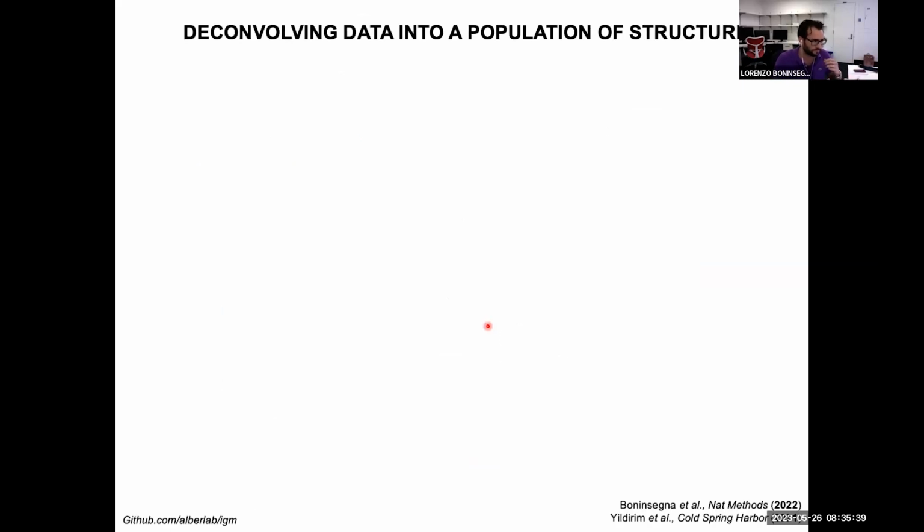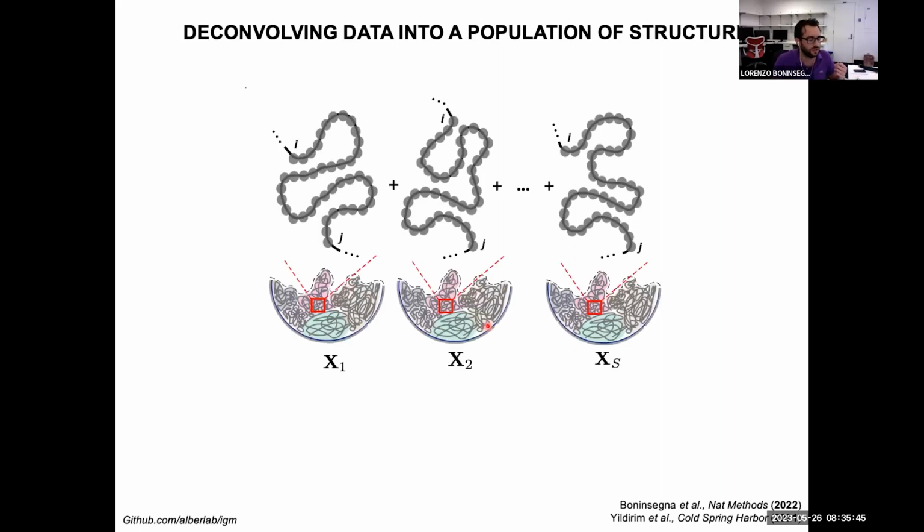And also, the key notion is that of population of structures. In our case, we try to capture the heterogeneity of the genome by describing that with a collection of structures, of unique single cell structures. So when you pull together all the structures, you get a population, and that is what we use to represent the genome.